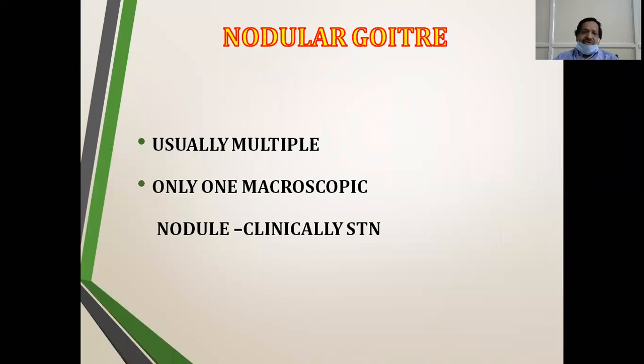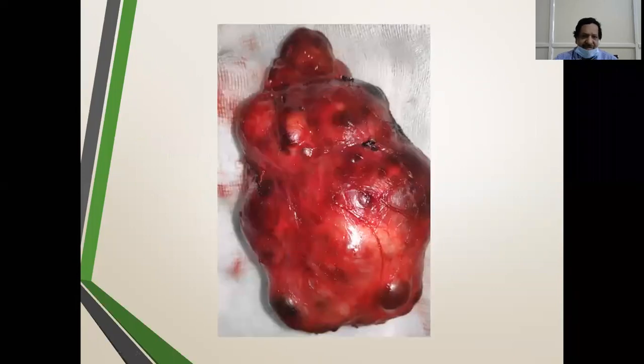Now, usually these nodules are multiple, that's why it is called multinodular goiter. Only one macroscopic nodule may become dominant and present as clinically solitary thyroid nodule. We have seen what are the pathological conditions that constitute STN and also dominant nodule. Now, this is the nodule.